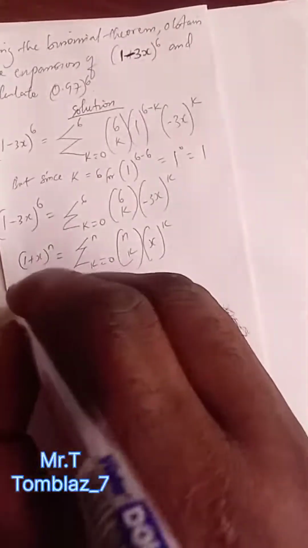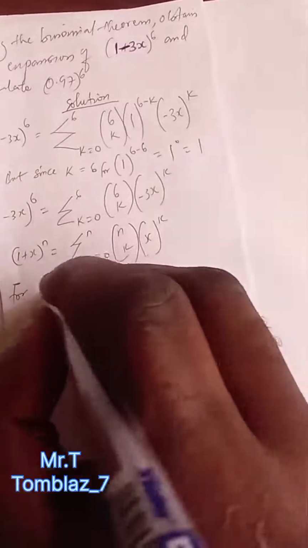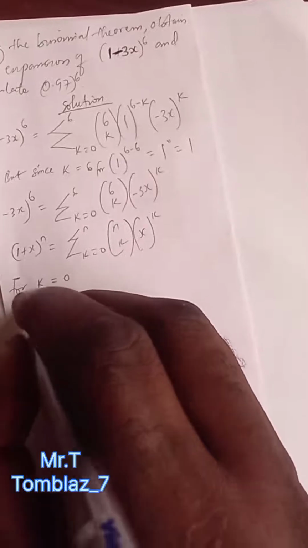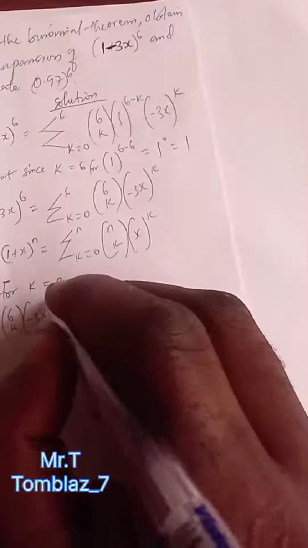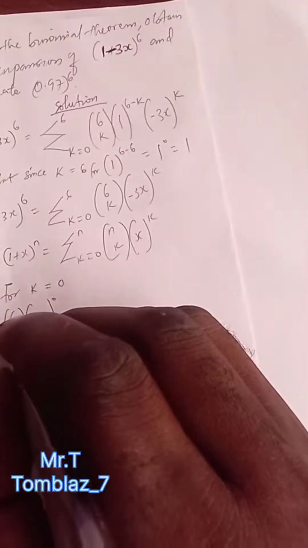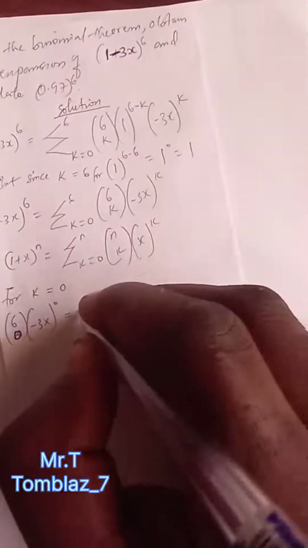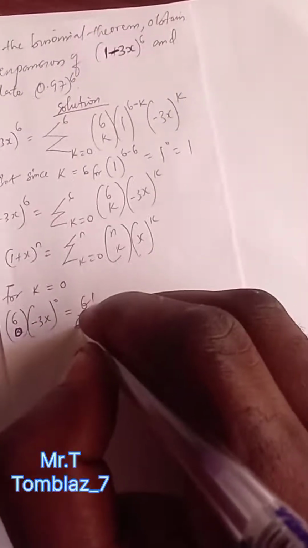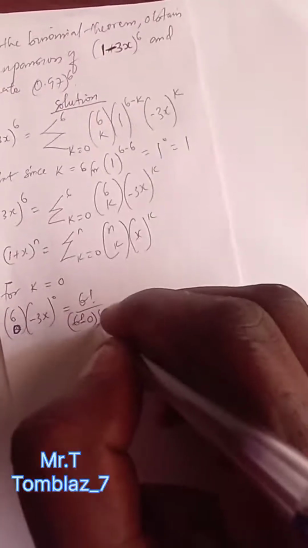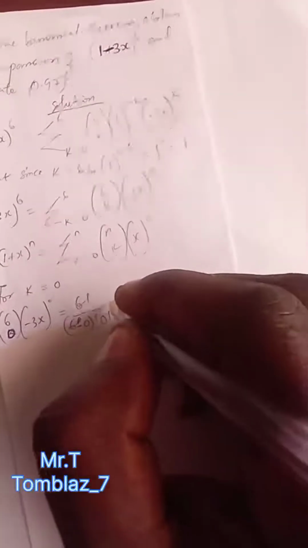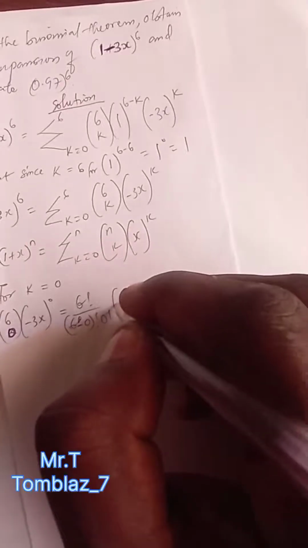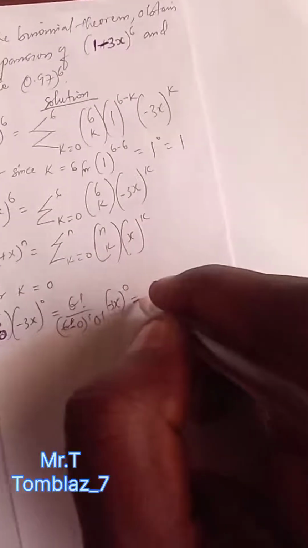So if I use this now, let's say for k equals 0, then this value now has 6 combination k into minus 3x to the power k, where k equals 0, right? So it's going to be 6 factorial over (6 minus 0) factorial times 0 factorial, into (minus 3x) to the power 0.